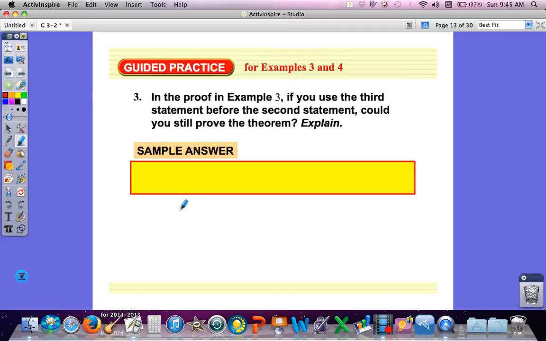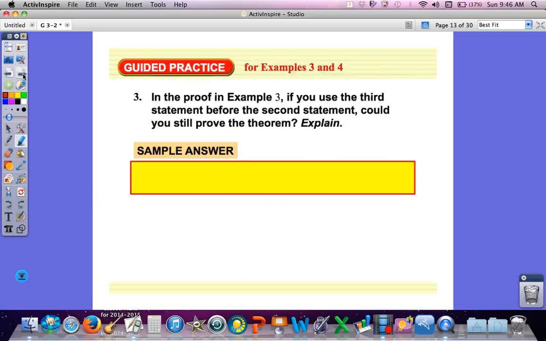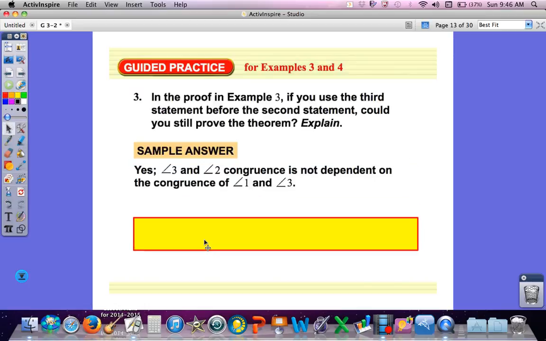Now, in the proof for example 3, if you use the third statement before the second statement, could you still prove the theorem? So if you said 2 and 3 are vertical, and then 1 and 3 are corresponding, what do you think? Could you still use the same theorem? Think you got it?